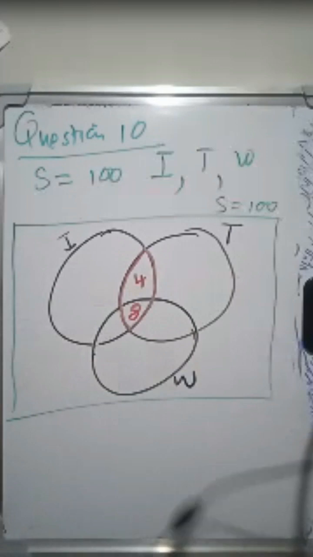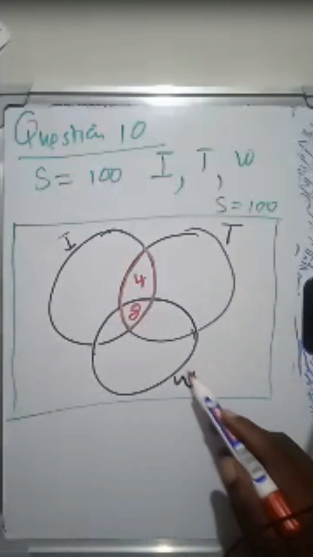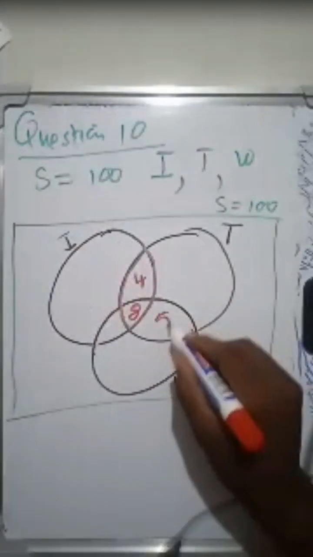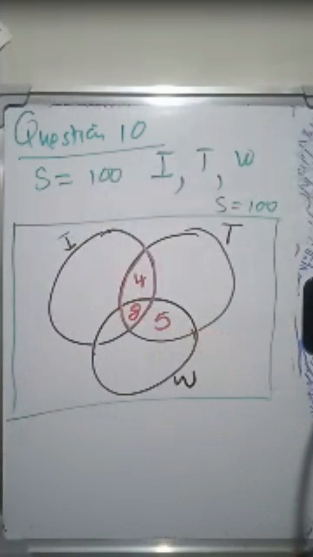Okay? So now the next one says 5 use Twitter and WhatsApp but not Instagram. So which ones are they? Twitter and WhatsApp but not Instagram. So it means this one we don't have a hassle. We just write them like that. So how many use Twitter and WhatsApp?